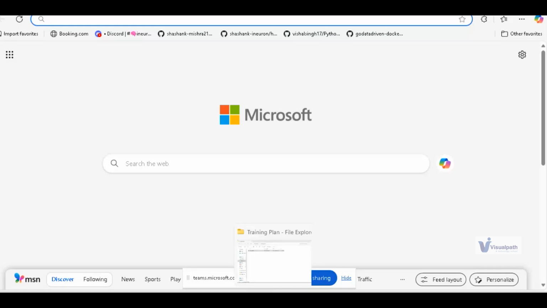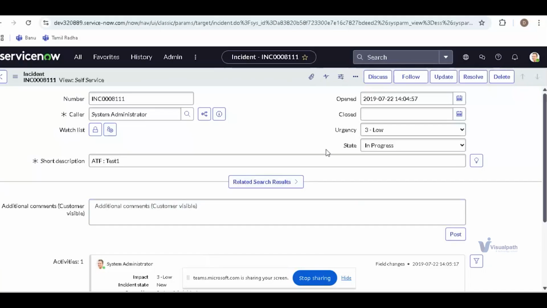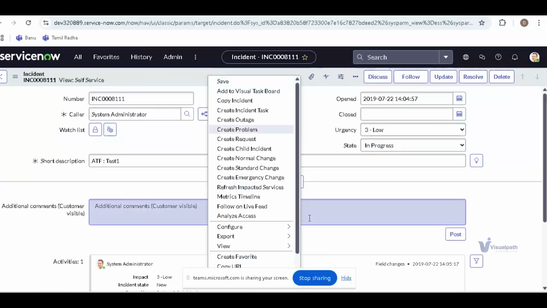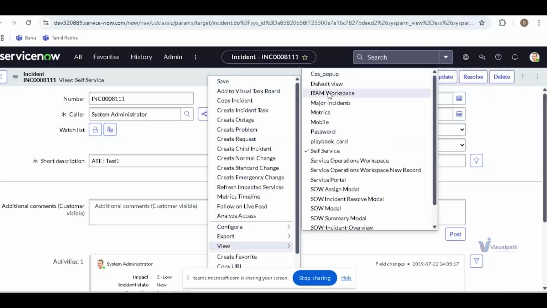I'll give you a shot on it. So someone has this view, I have to change it to default.